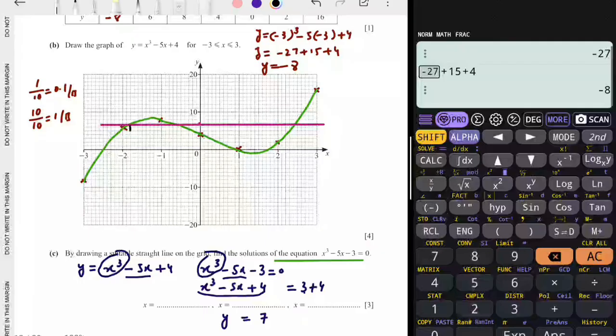It would be minus 1.8 approximately, and the second answer would be minus 0.6, and the last one will be 2.4 or 5 approximately. So this is the final answer.